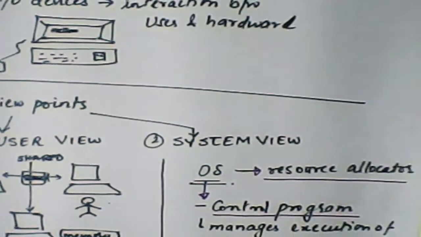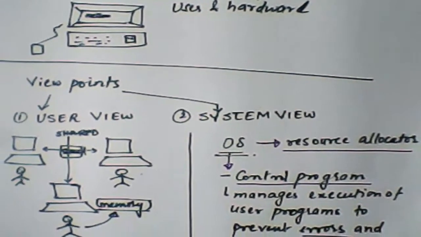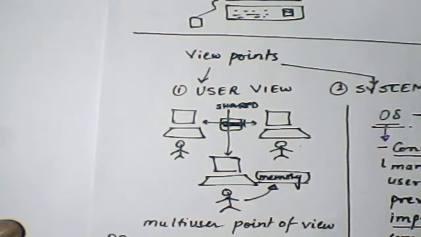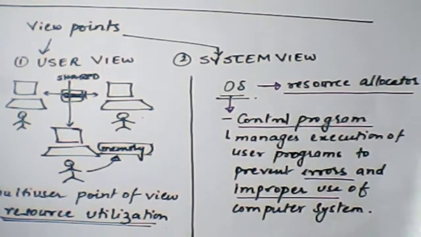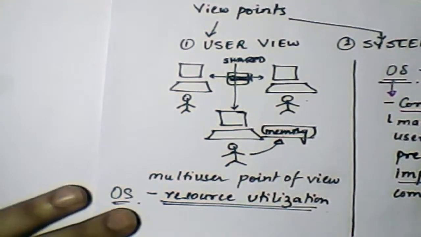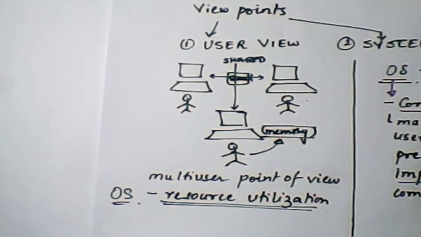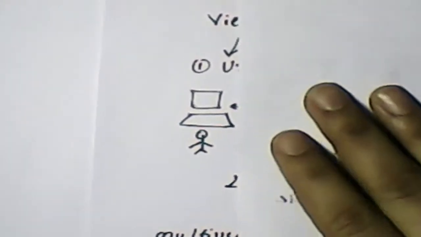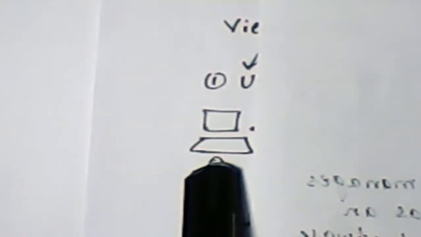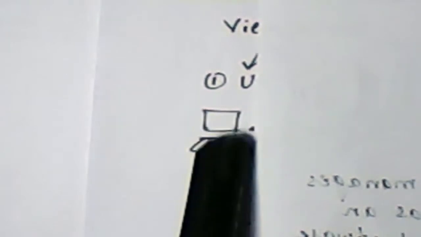There are two viewpoints to understand the role of an operating system. One viewpoint is called user view, another viewpoint is called system view. User view. Consider only one system and one user which is trying to interact.